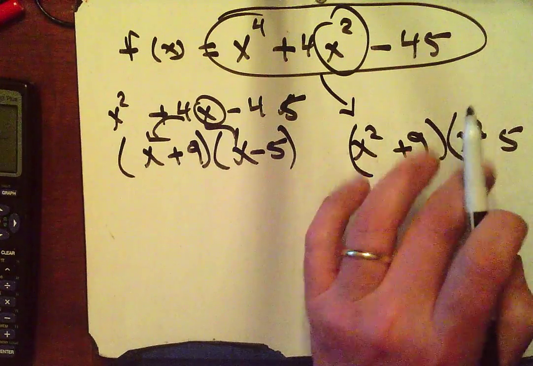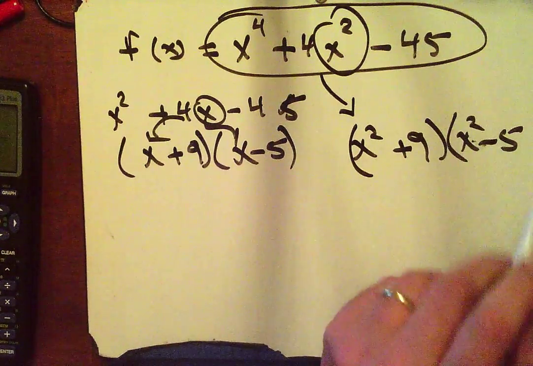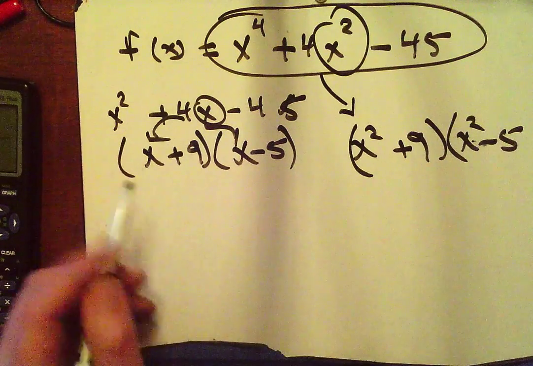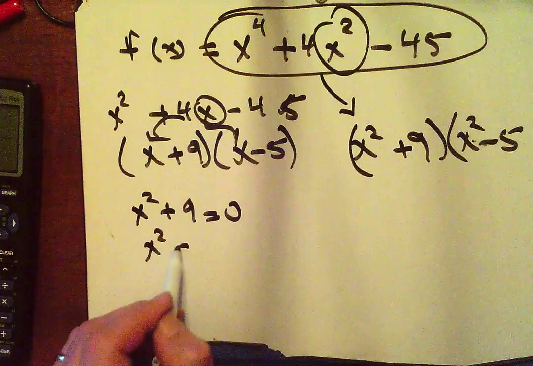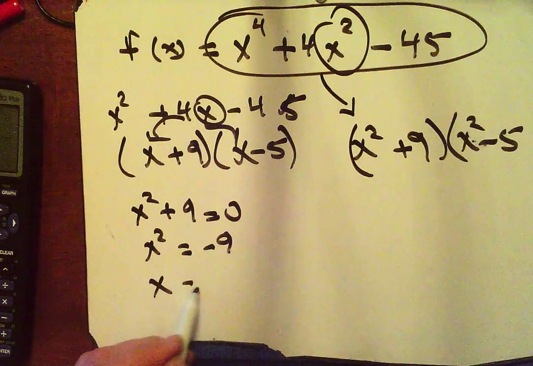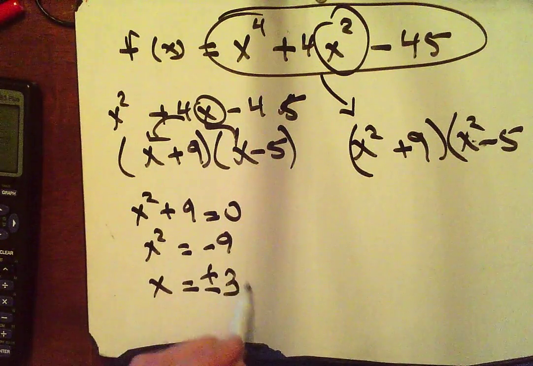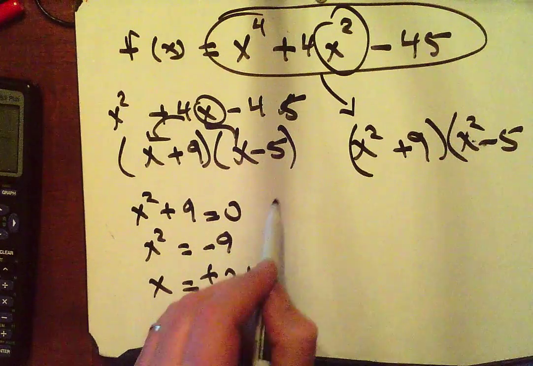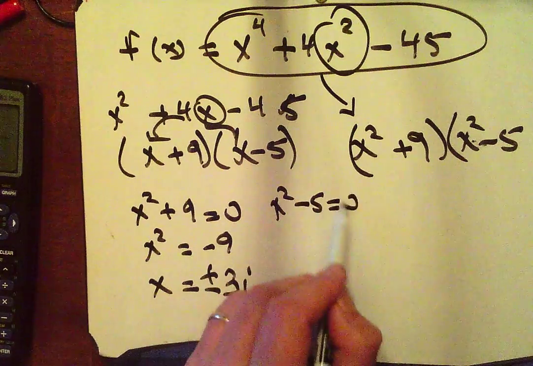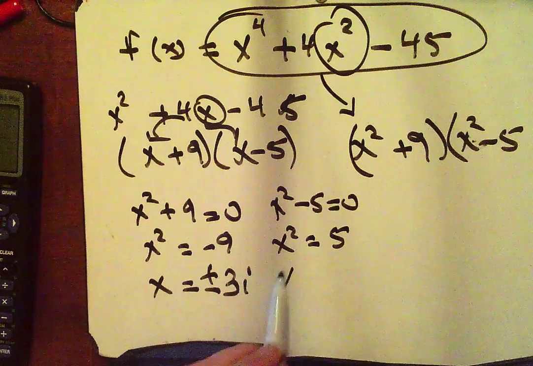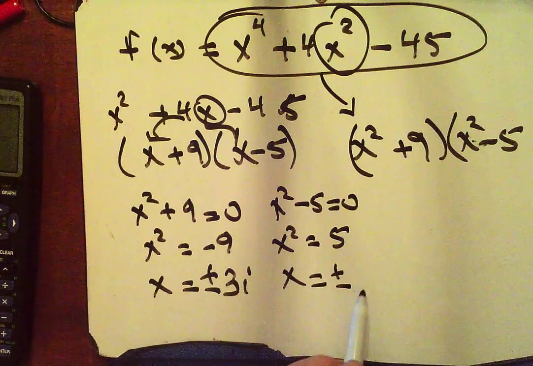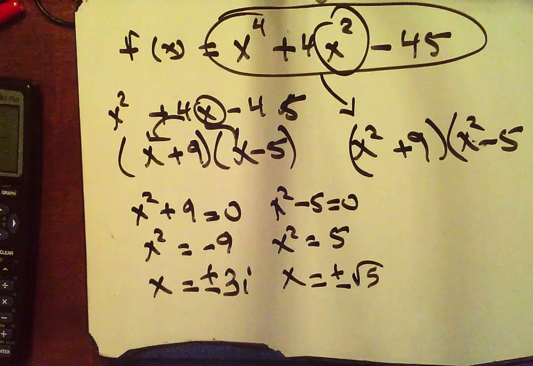Now it does say completely factored here, and that means I want only linear factors. So if x squared plus 9 has to equal 0, then x squared equals negative 9, and x equals plus and minus 3i. And here, if x squared minus 5 equals 0, then x squared equals 5. And when I take the square root of both sides, x equals plus and minus root 5.